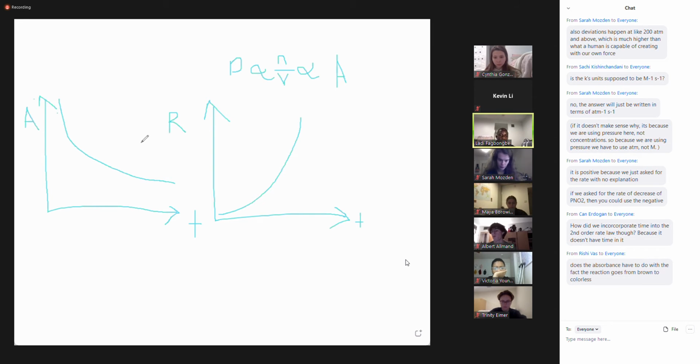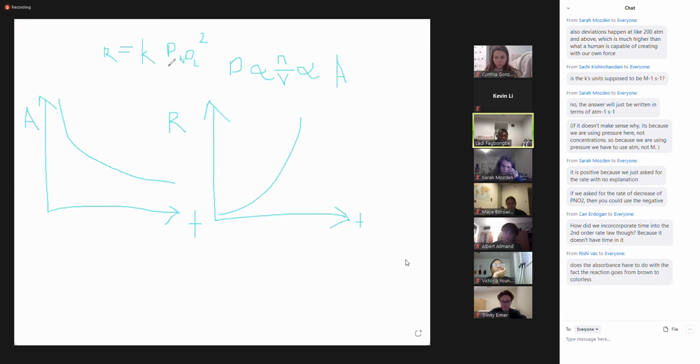Rate versus time. There are two ways you can think about this, but I think the easiest way is just to look at our rate law. So we have rate equals K times the pressure of NO2 squared.